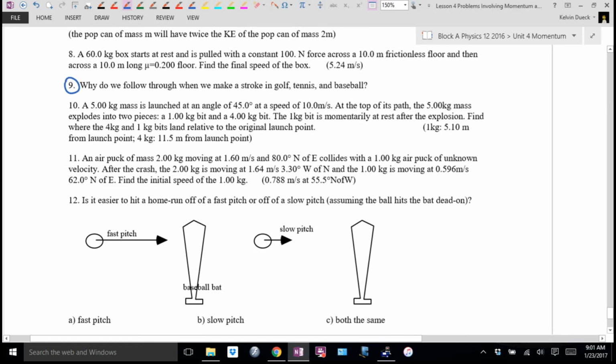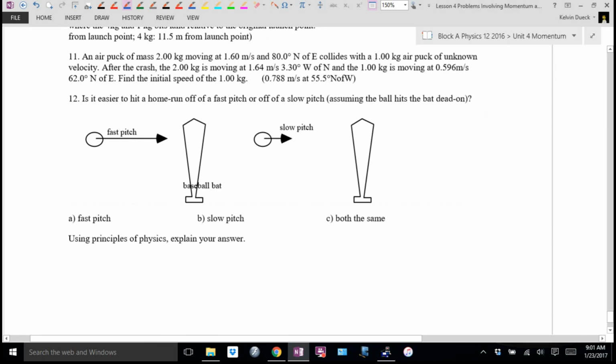Yucky angles. 11 is yucky angles. 12 is a good little thought question.